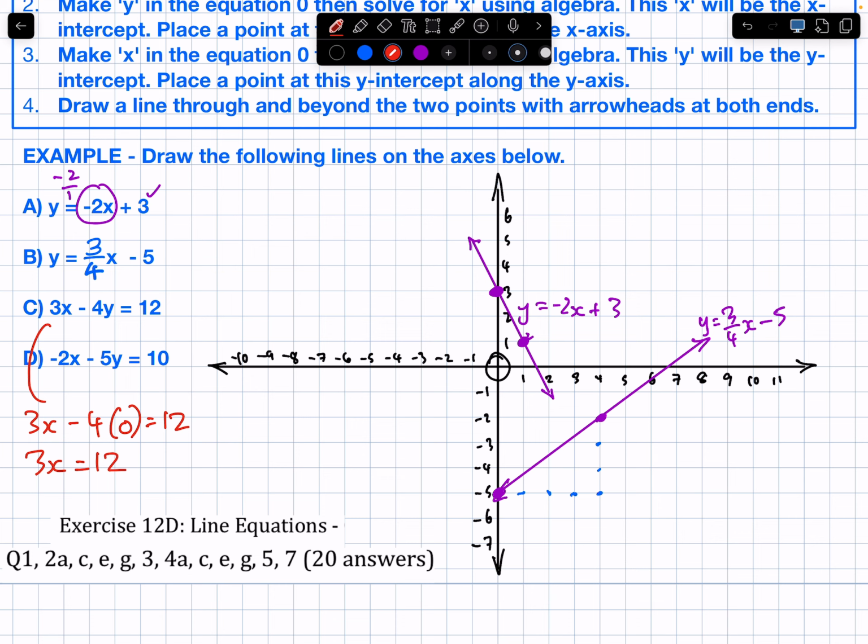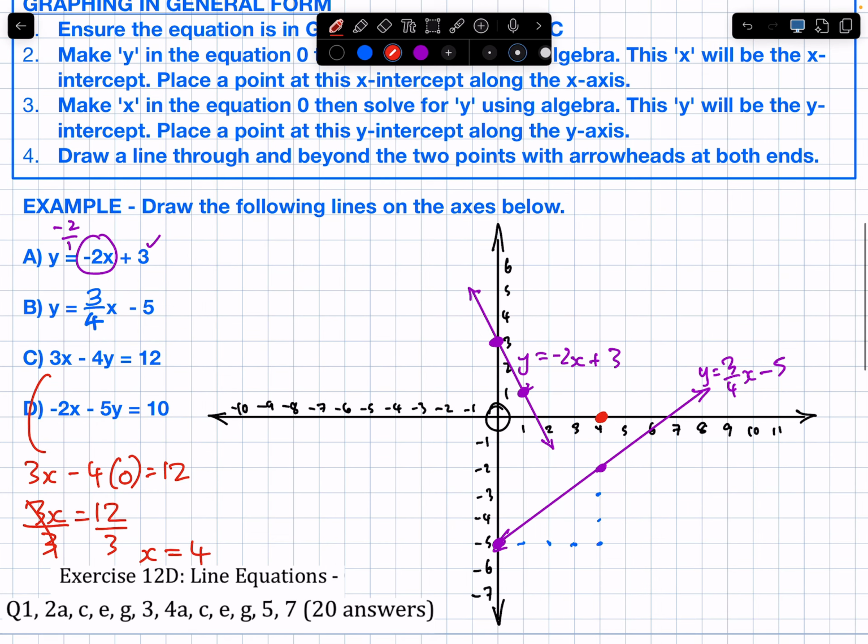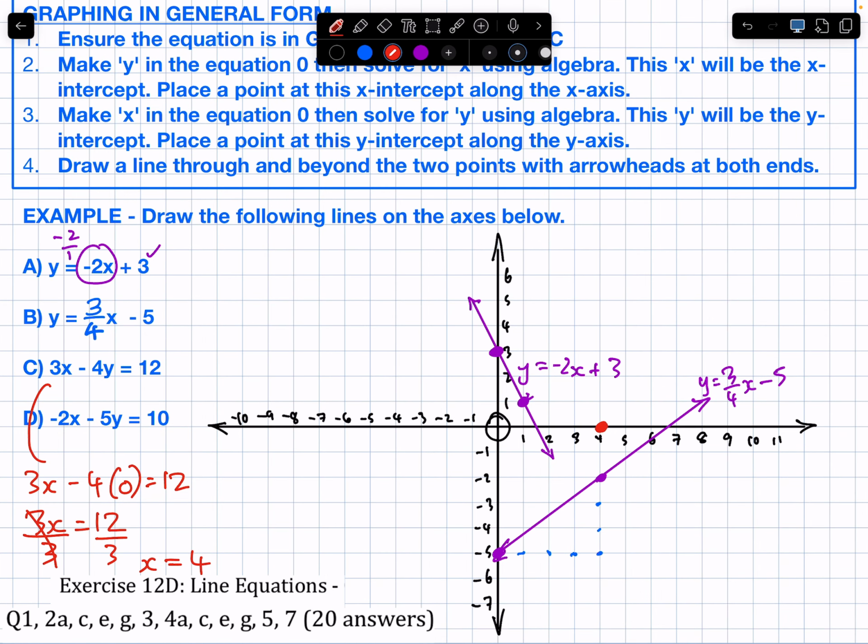What's 3 doing to x? If it says 3x, what is 3 doing to x? Multiplying. What's the opposite of multiplying by 3? Divide both sides by 3. X is going to be 4. So I have an x-intercept at 4. I have 1 dot. Is that enough info to draw a line?